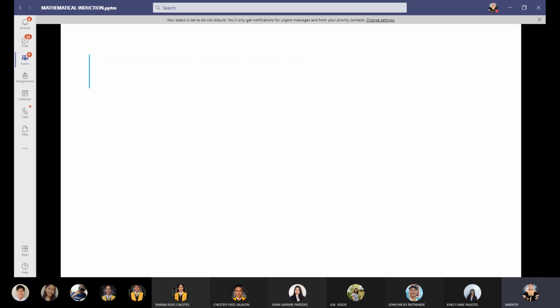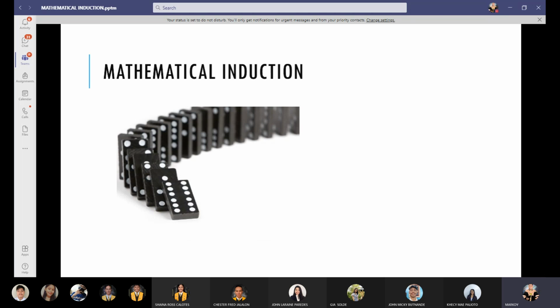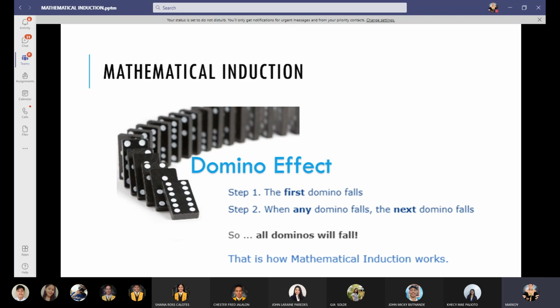Mathematical induction is somewhat like a domino effect. Meaning, when the first domino falls, all of the dominoes will fall also.